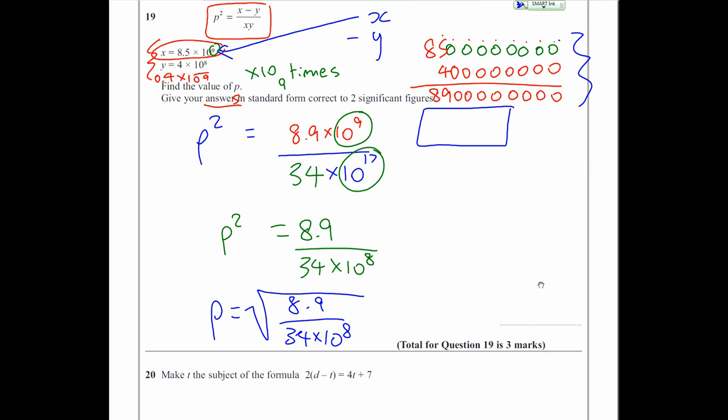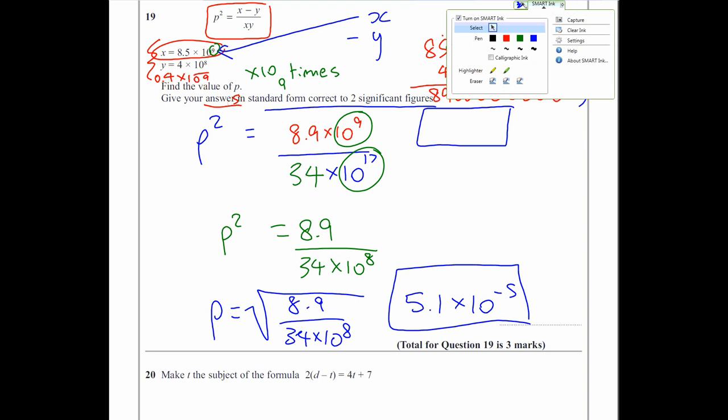And you get the answer in standard form, correct to two significant figures, 5.1. Hopefully your calculator will already do that on the screen for you, times 10 to the minus 5. Right, moving on.